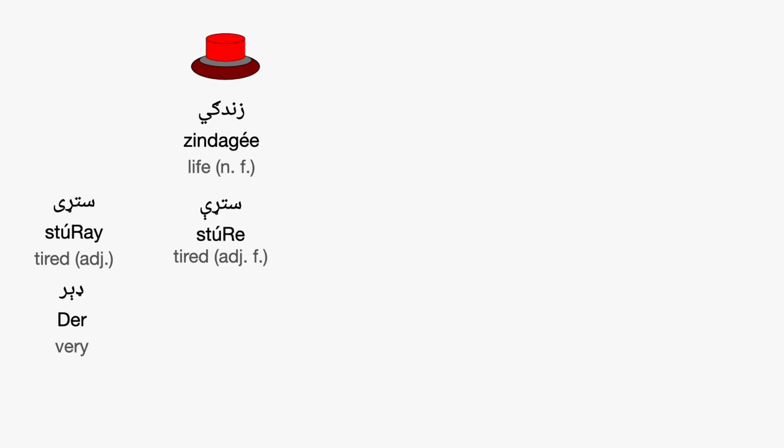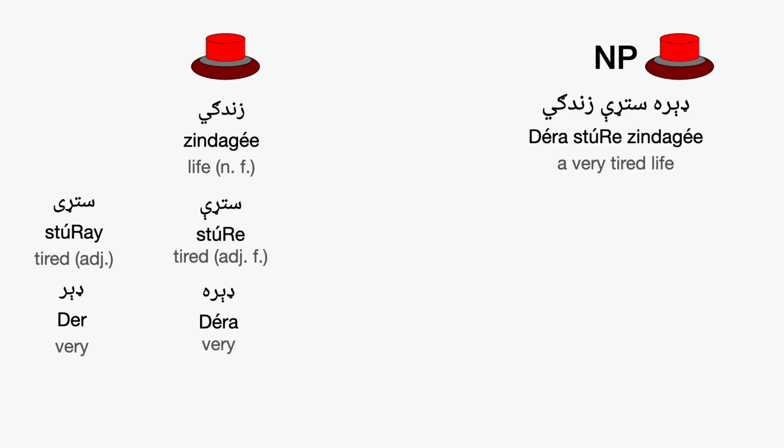Okay, we can see that he inflected things there. Let's review again how he does that. Zindagۍ is the word for life, but he also says it's a tired life, ستړې. But it's not ستړې because that's masculine. It's ستړې, feminine. And then it's a very tired life. In this case, we have to use the feminine form, ډېره. So the noun phrase that we're going to stick in the sandwich is ډېره ستړې زندګۍ, a very tired life.